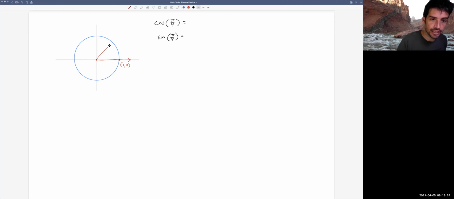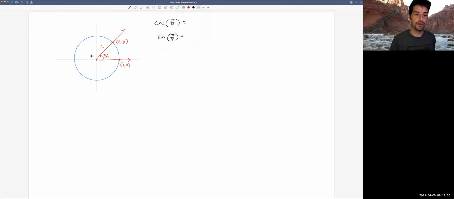So it's something like this. So this angle right here is going to be pi over 4. We've got this radius of 1. And we're looking for the x and y coordinates of this intersection point. So we're going to do a little geometry here to come up with this.